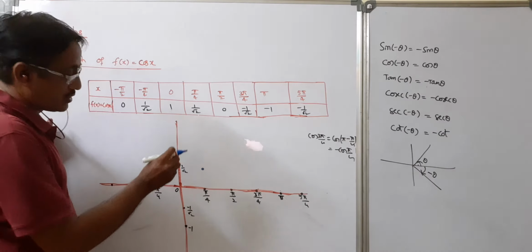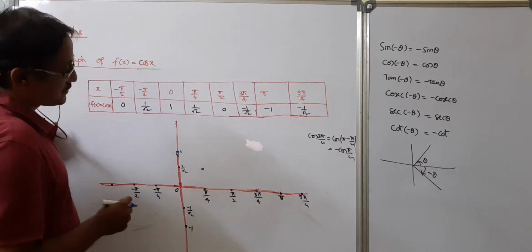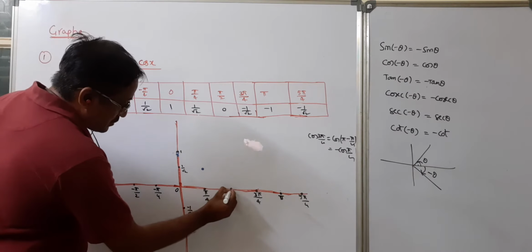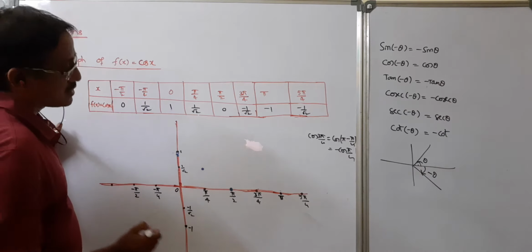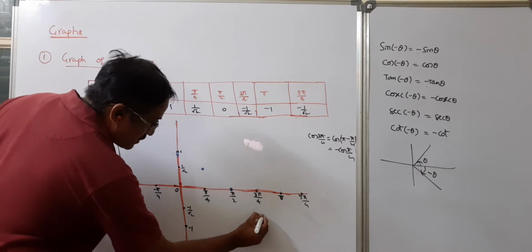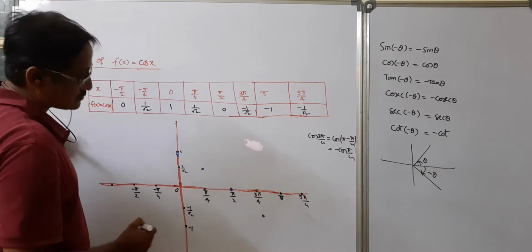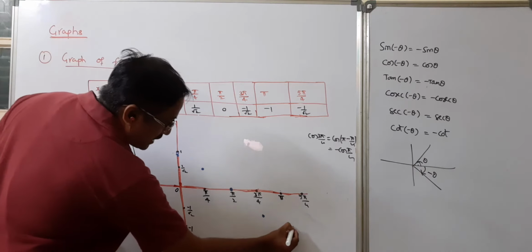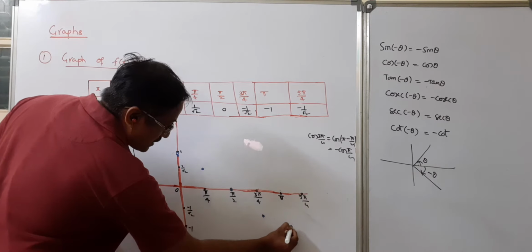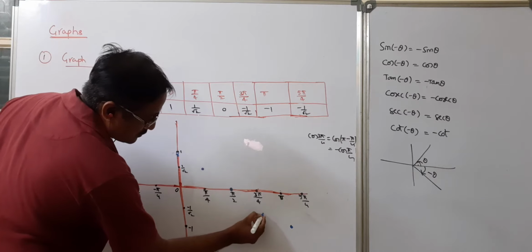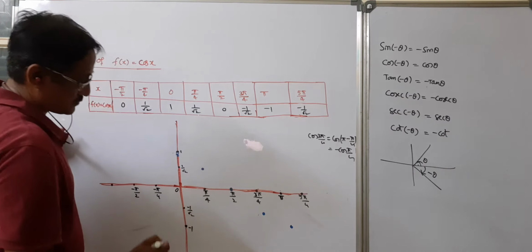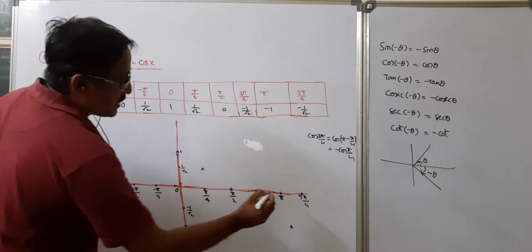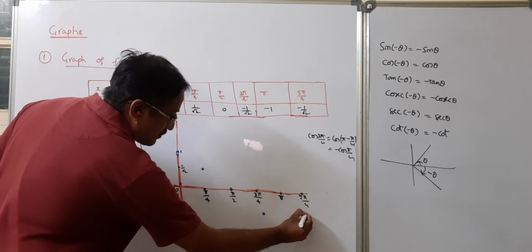You need to note the point. Cos pi by 2 is 0. Cos 3 pi by 4 is minus 1 by root 2. Cos pi is minus 1. Next, cos 5 pi by 4 is minus 1 by root 2.